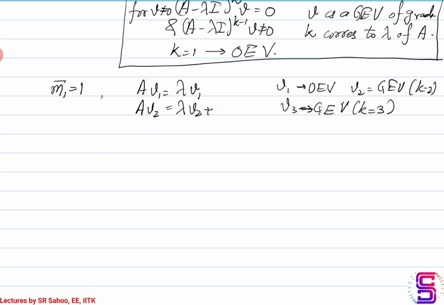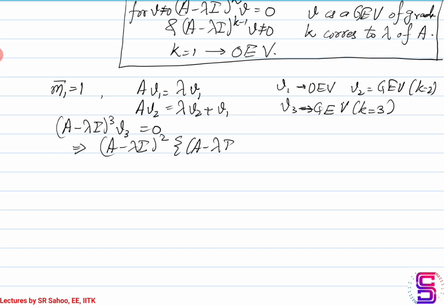Lambda V2 plus V1. What is AV3? Since V3 is of grade 3, (A minus lambda I) squared multiplied by (A minus lambda I) V3 has to be 0. If I set this to be equal to V2, then my job would be done. So AV3 is equal to lambda V3 plus V2.